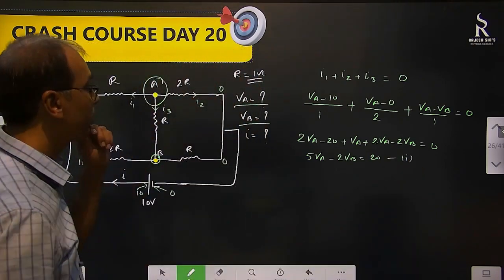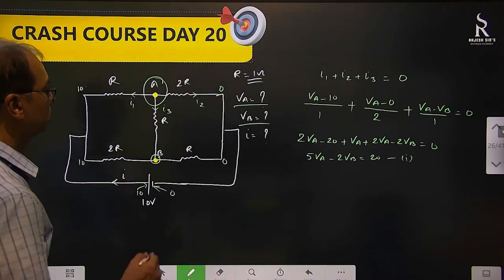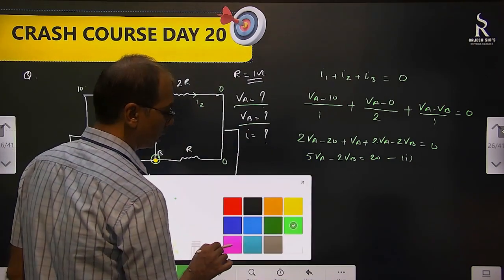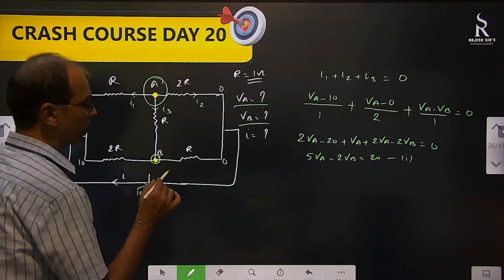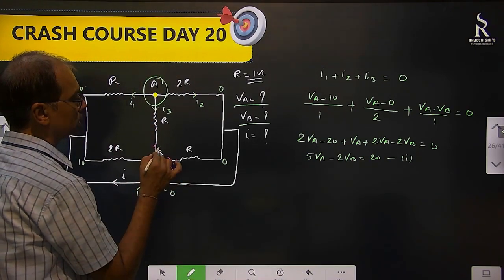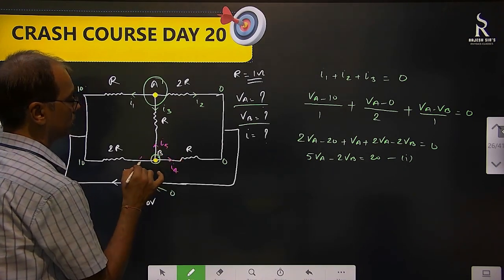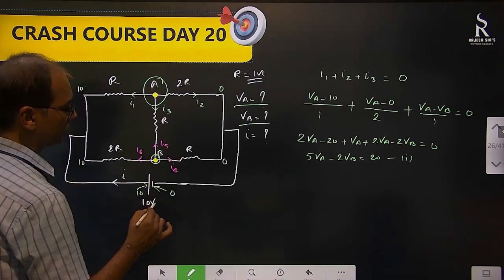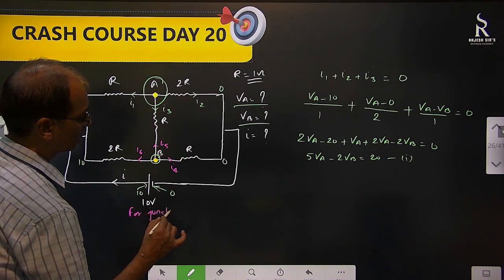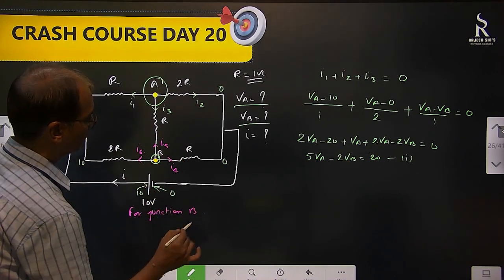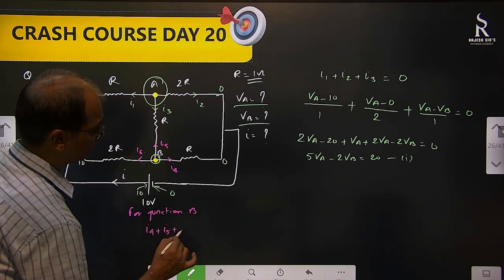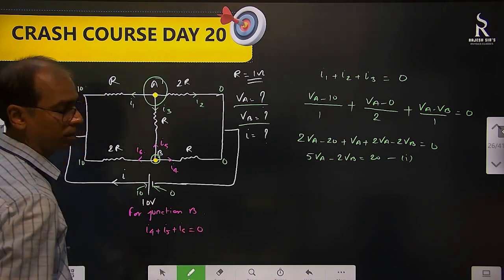Now same way we have to write for B here. Now when you are doing for this one also, exactly in the same way. Maybe this is, let's say, I4, this is I5 and this is I6. So for junction B, again I4 plus I5 plus I6 equal to 0.